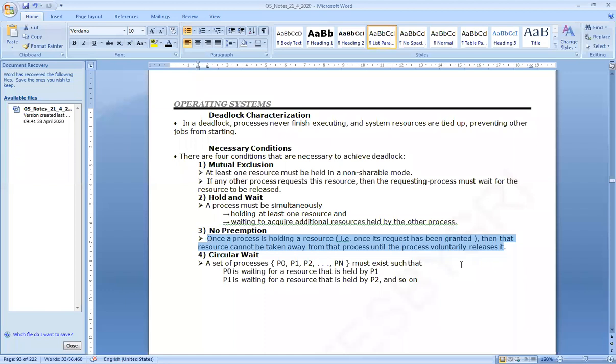Then finally the last one is called circular wait. What is this circular wait? A set of processes P0, P1, P2 up to Pn must exist such that P0 is waiting for a resource held by P1, P1 is waiting for a resource held by P2, and so on.